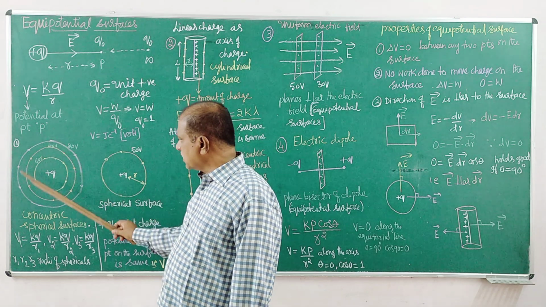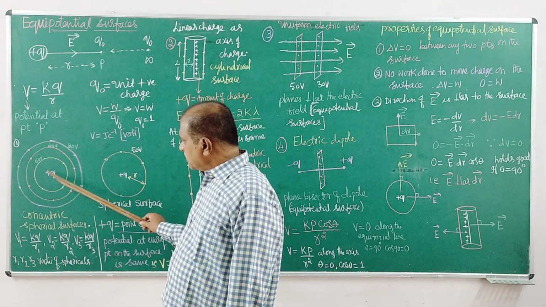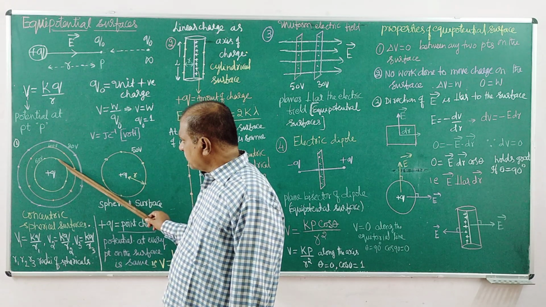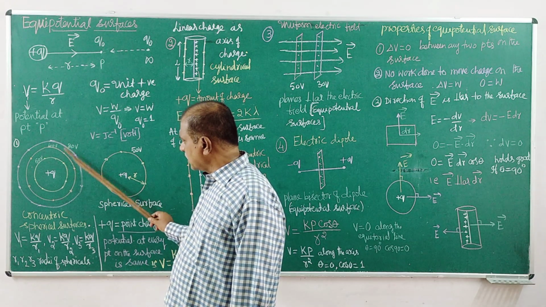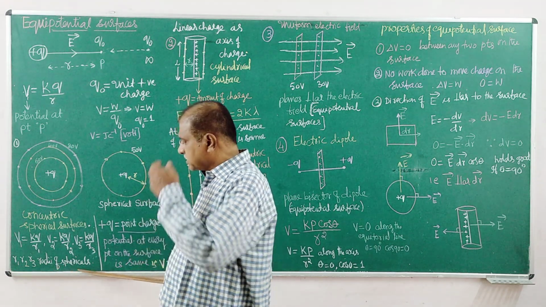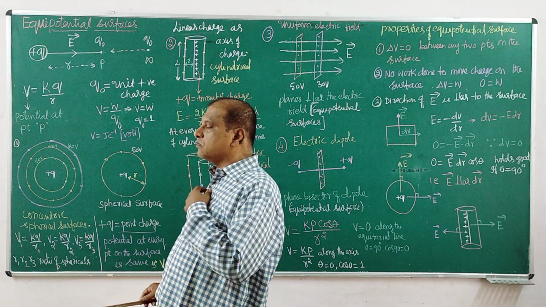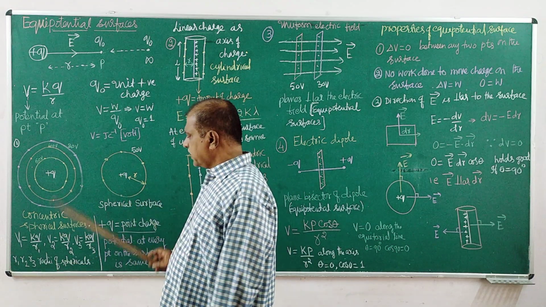They are called concentric surfaces. Of course, the radii are different. If we say the radius of this spherical surface is R1, the radius of this is R2, the radius of this is R3, like this, R1, R2, R3, radii of spheres. Radii means plural. You can make numerous spherical surfaces.